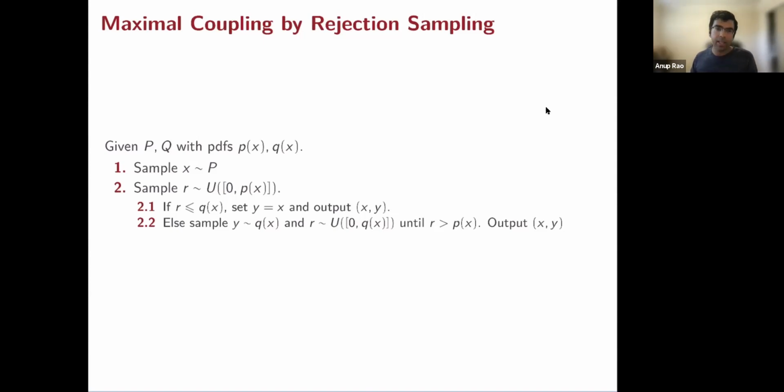This exact thing won't be sufficient for us, because for us, the distribution P is A of S, the output of the learning algorithm on S. Sampling from that is essentially training on the data set S. And sampling from Q corresponds to doing this retraining, or training on the data set S prime.